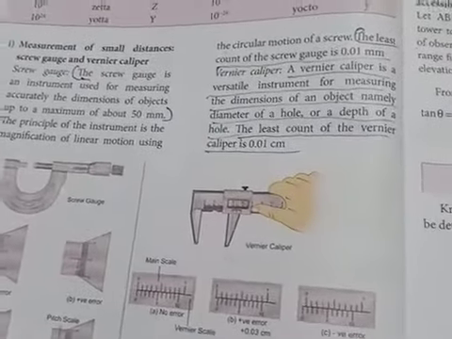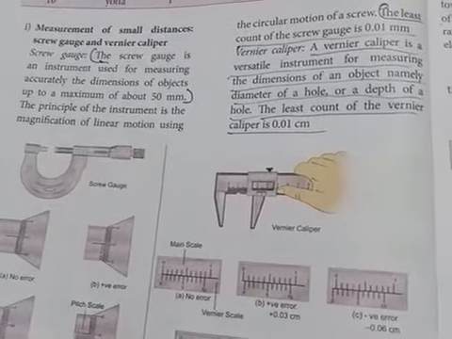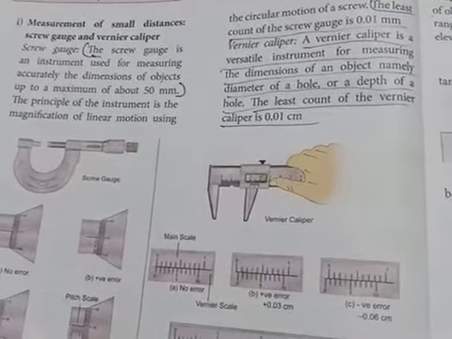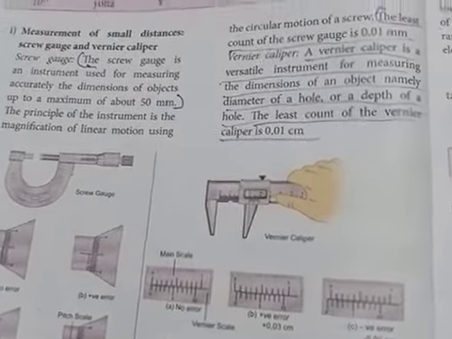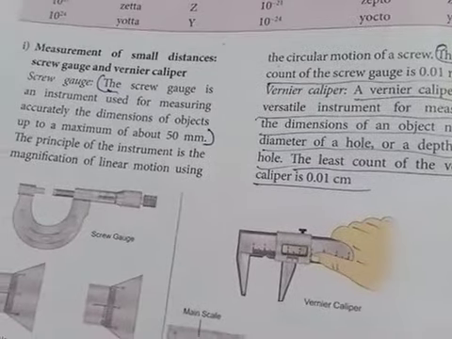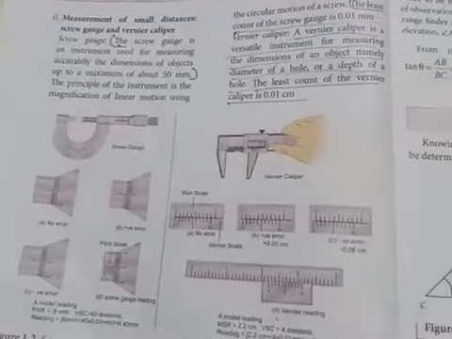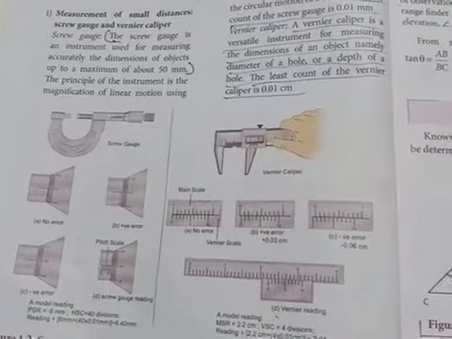Okay, so this is the first thing: measurement of small distance using screw gauge and vernier caliper. In this part you are familiar with these instruments, screw gauge and vernier caliper.